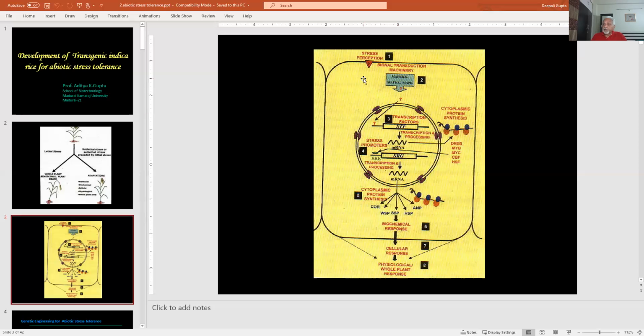So, a lot of efforts have gone in to decipher this. What is the mechanism of signal perception? What are the genes involved here? How are the signals transduced?